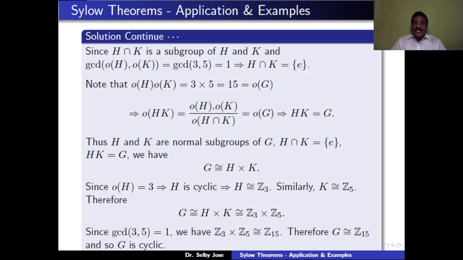Therefore, G is isomorphic to H times K, which is isomorphic to Z3 times Z5. Because the GCD of 3 and 5 is 1, we have Z3 cross Z5 is isomorphic to Z15. Therefore, G is isomorphic to Z15. That means G is a cyclic group of order 15. That means G is cyclic.